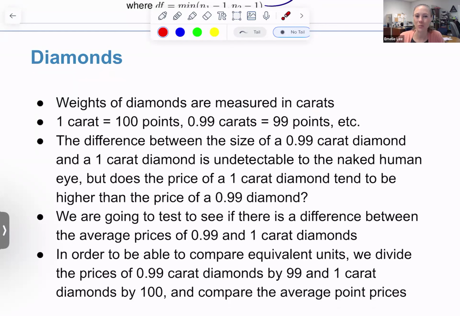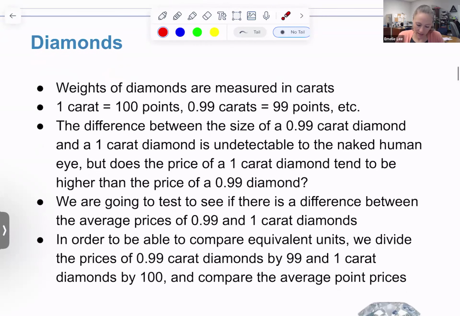That's just to bring it to some scale that we can work with. Some fun facts: the difference between the size of a 0.99 carat diamond and a 1 carat diamond is undetectable to the human eye.